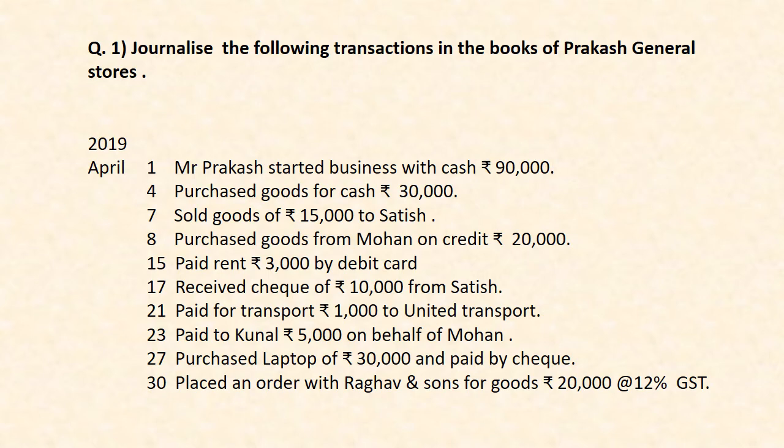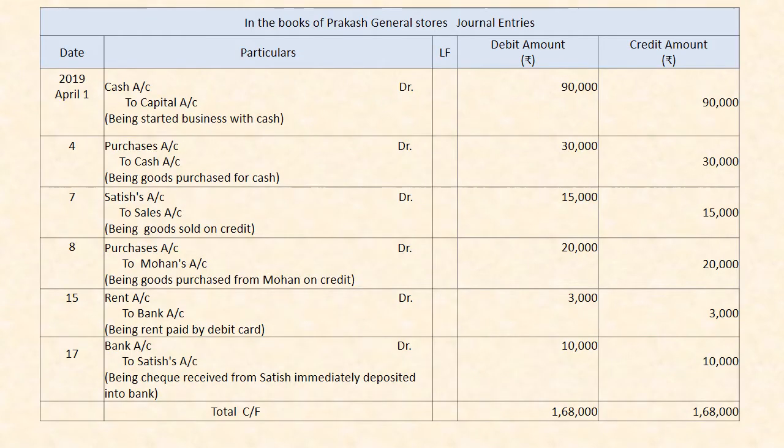Students, you can pause the video and take down the problem in your notebook. Now, do ruling of the journal. At the top of the ruling of the journal, leave 2 lines for the heading.